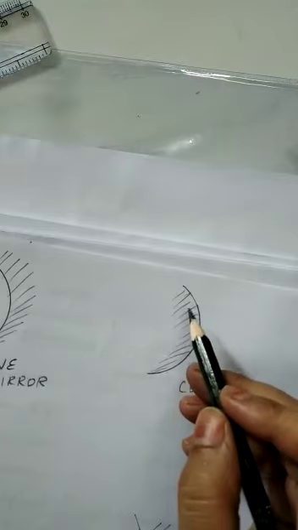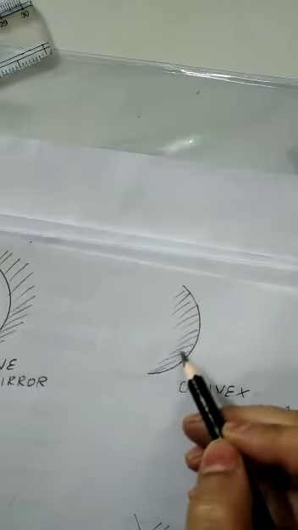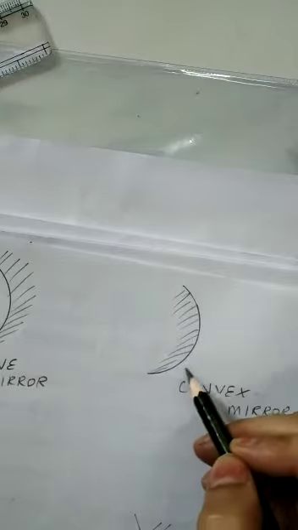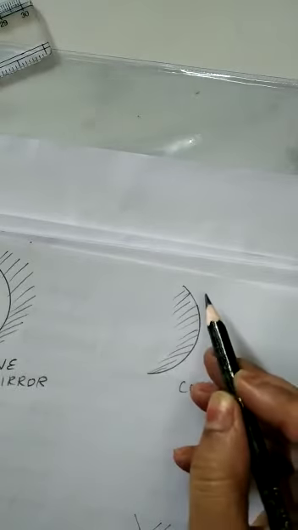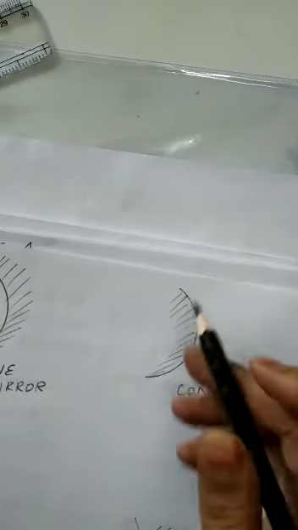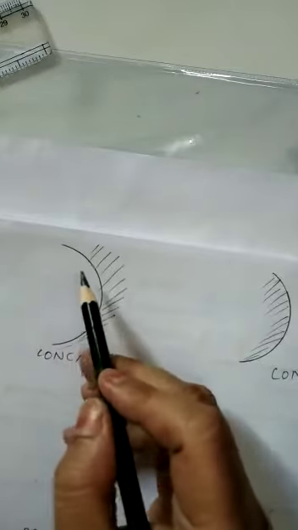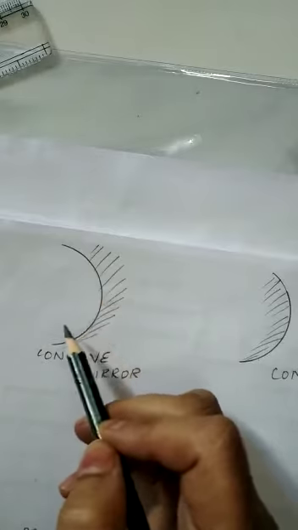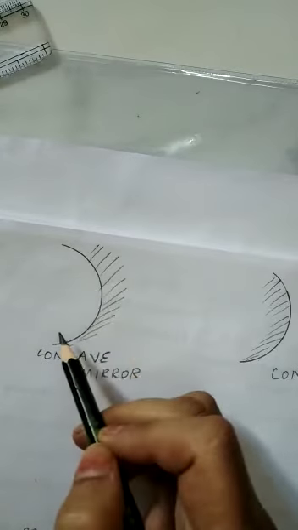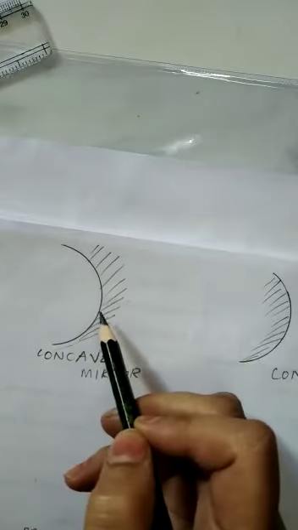For the convex mirror also, the inside part is coated with silver paint, and the outside part is the reflecting surface, where the light rays will fall and you will get your image. Here we have the inside part as the reflecting surface. The light rays will fall on this inside part because this side is coated.